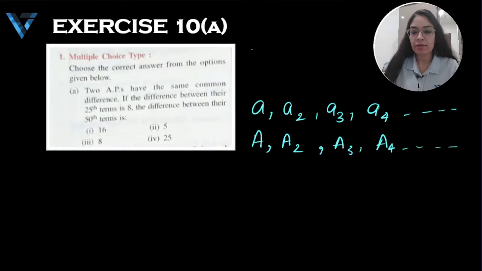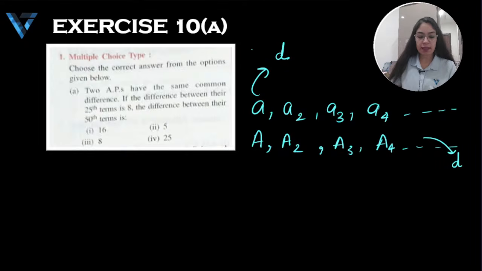The first AP I have written with small a's and the second one with capital ones. They have the same common difference. So if the common difference of the first sequence is small d, for the second one also the common difference is small d only. The common difference is the same for both APs.